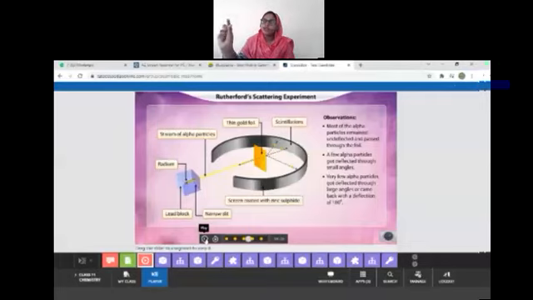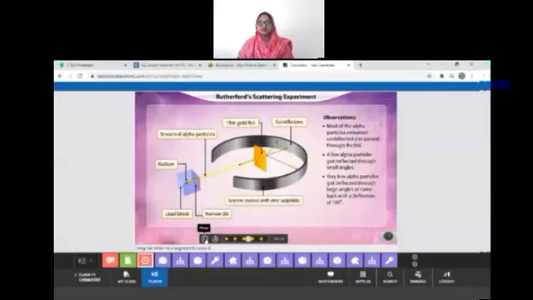Suppose you are throwing a cricket ball onto a wall. It reflects back, right? When does it reflect back? When it hits a massive object. Yeah, very good. When it hits a massive object, it deflects back. So a very few alpha particles deflected back, which means they might have hit something very massive.